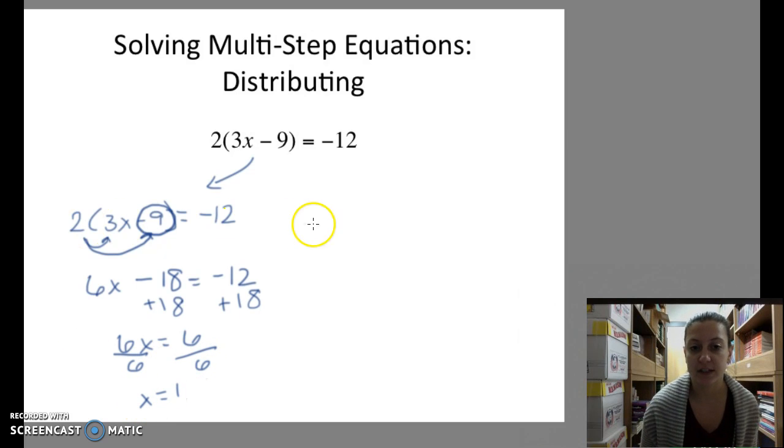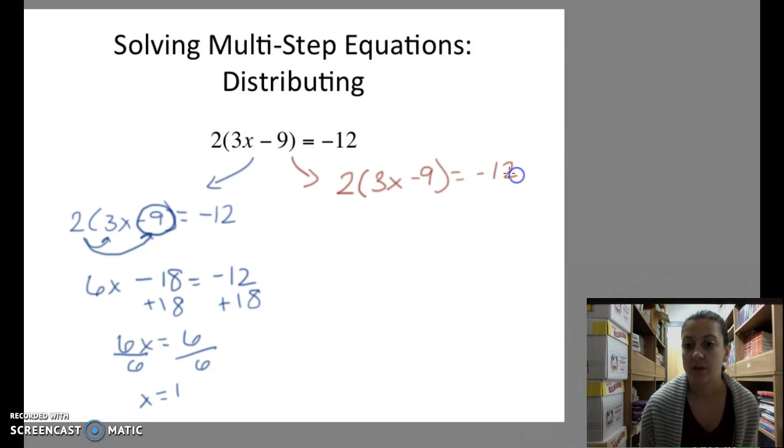Your second choice. Now this is saying 2 times 3x minus 9. So 2 times that, well, let's get rid of the timesing, right? We can remove the operation that's affecting the group because in reverse order, we need to clear the way for groupings so that we can get into that group. You can do everything that surrounds the group there.